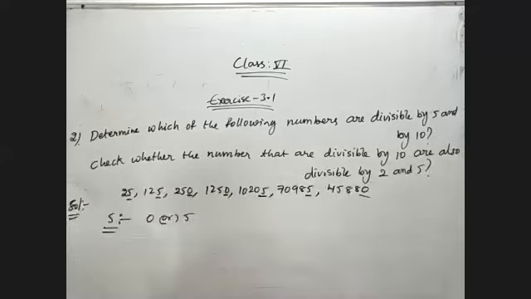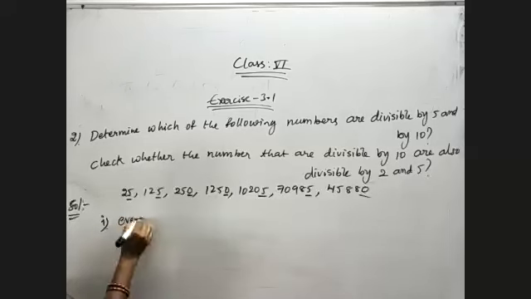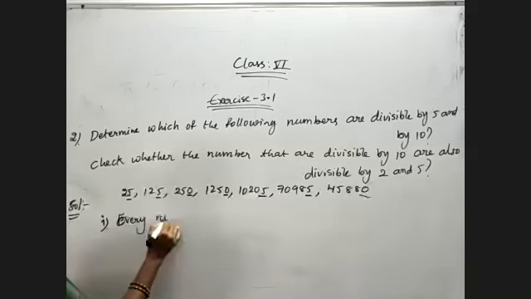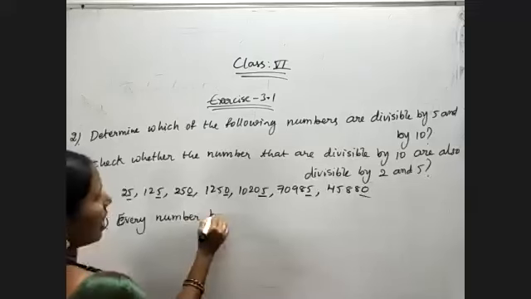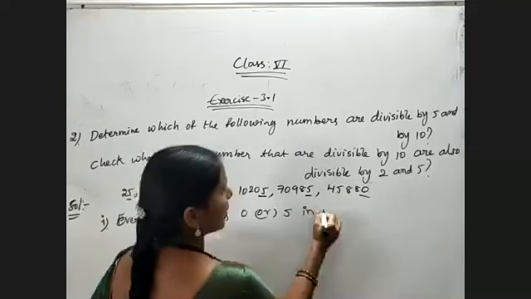So what is my answer? First statement: every number has 0 or 5 in its unit place.